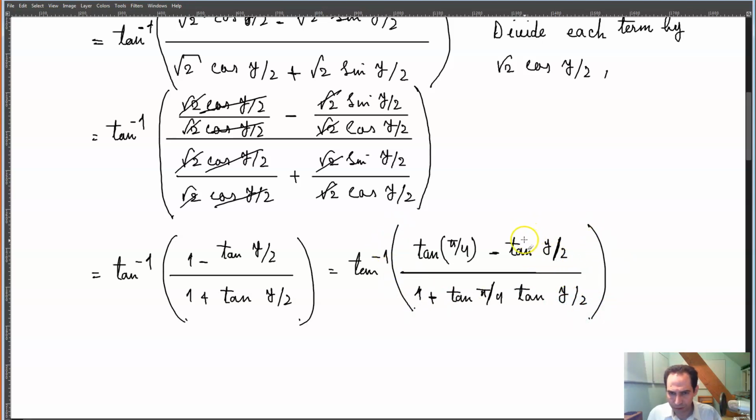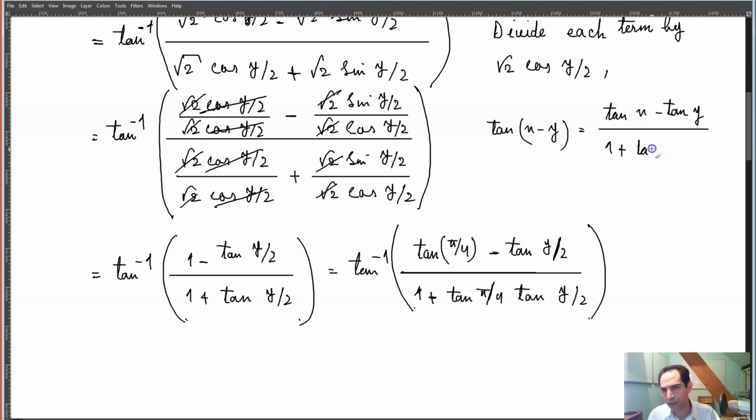And so what that means is that you know that tan of x minus y is equal to tan x minus tan y over 1 plus tan x tan y, right?